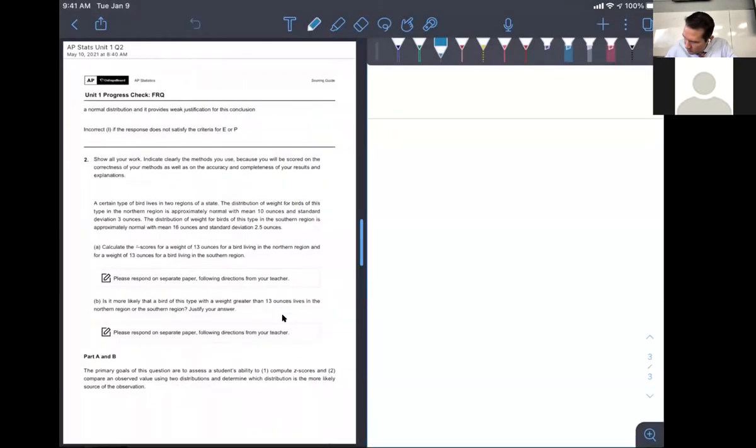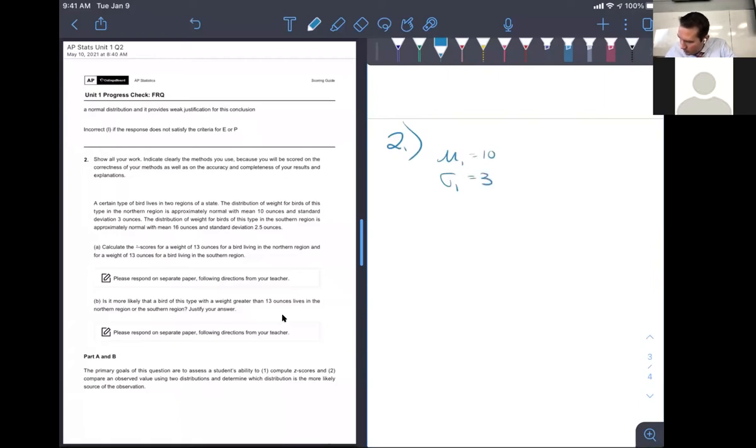So question 2. A certain type of bird lives in 2 regions of a state. Let's say the lower peninsula and the upper peninsula. The distribution of weight for birds of this type in the northern region is approximately normal with a mean of 10 ounces. So mean 1 is 10, standard deviation 1 is 3.